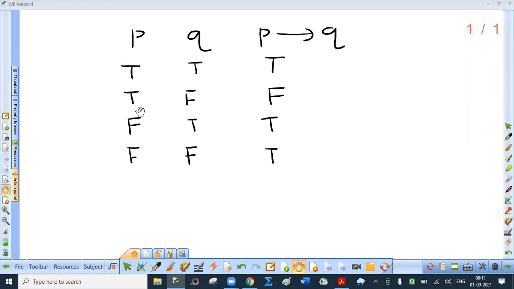There is a cause, but it is not accompanied by effect. So how can we say that it implies? It is not implying, so false. If there is no cause, there may or may not be an effect. This means implication is false in only one case, when truth is implying false.